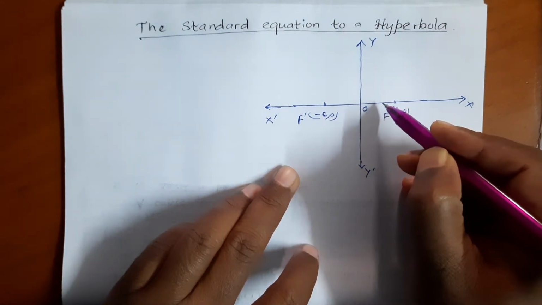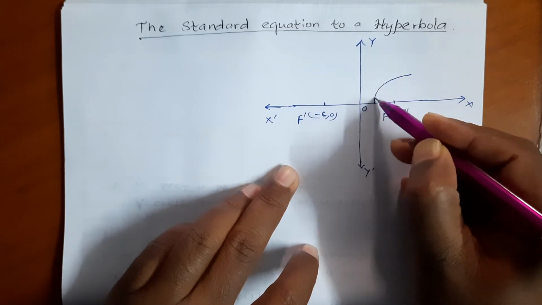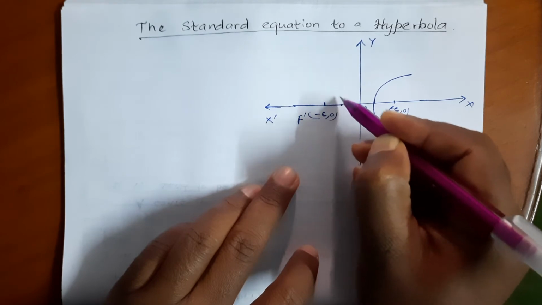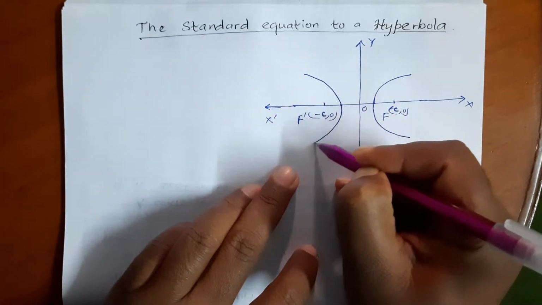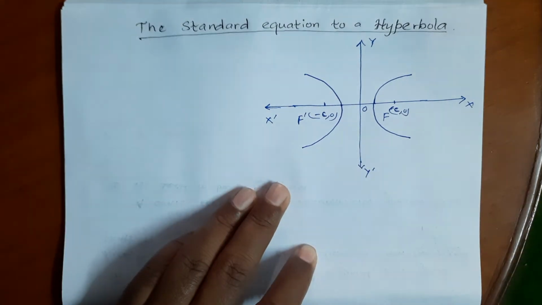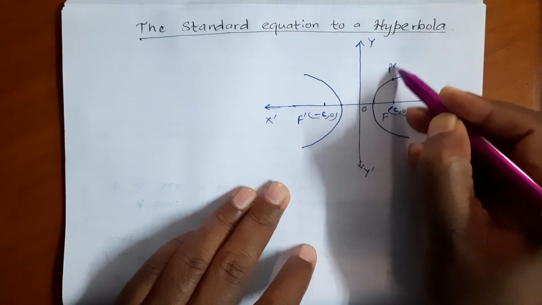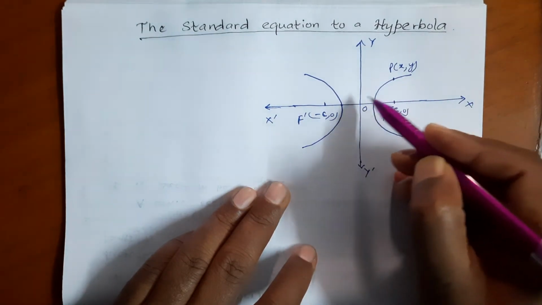And now the hyperbola is like this. Let P(x, y) be any point on the hyperbola.